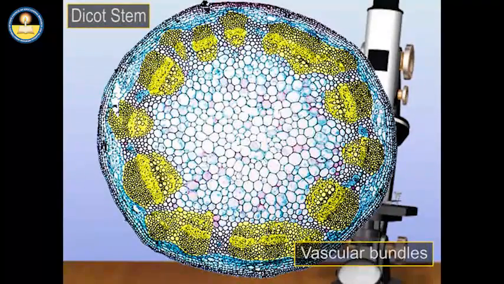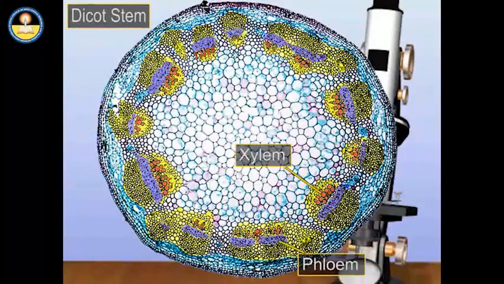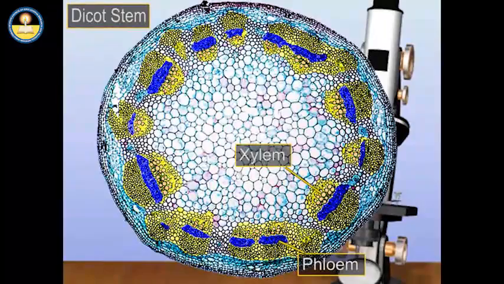A mature vascular bundle consists of tissues, xylem and phloem. The phloem is located towards the outside of the bundle and the xylem towards the center.